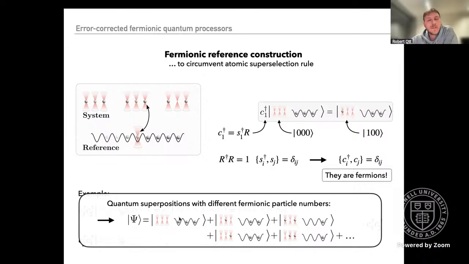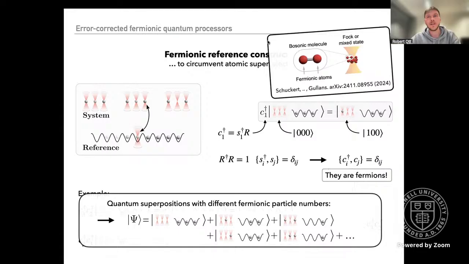In a sense, I will show you how this can be used to do quantum error correction, but basically what you do is you protect the tweezer part of your system at the expense of the reference part of the system, in the sense that you really need to make sure that the reference is a stable part of the system in your background that you can access, but otherwise is really stable and doesn't decohere on its own. I will get to a few other of these details in a minute.